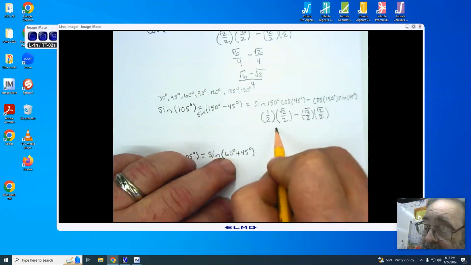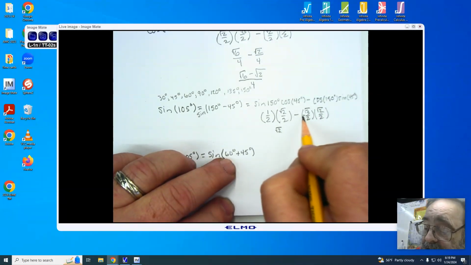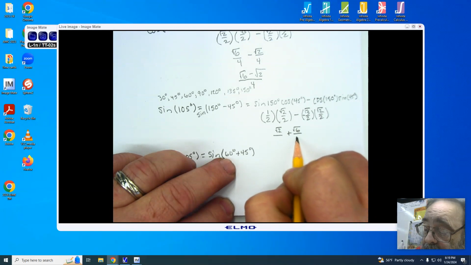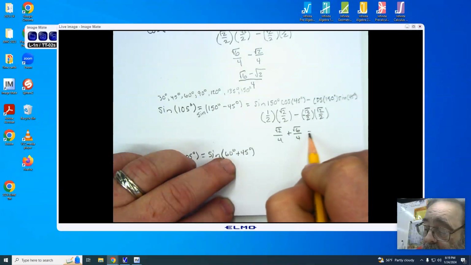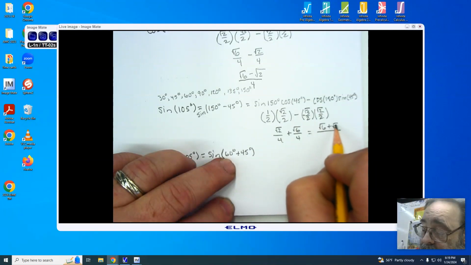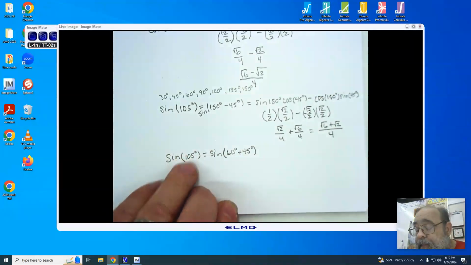When I multiply, I get root 2, the double negative applies, and I get root 6, it's positive, and it's both over 4. Therefore, I can rewrite them as root 6 plus root 2 over 4.